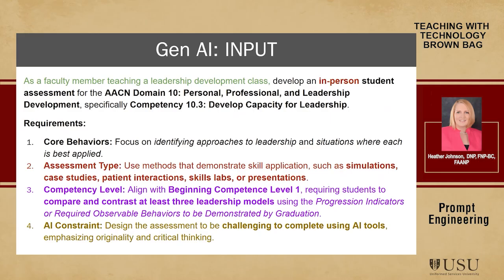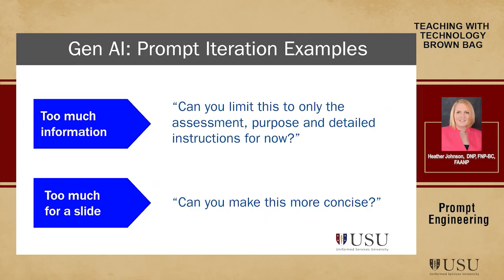The initial response included everything, the assessment, the rubric, and the materials, even though I only asked it for the assessment. I refined it by asking for only the assessment, purpose, and detailed assessment instructions. And then I asked for a more concise version so I could put it on the slide for the purposes of this presentation. So this is the more concise version.